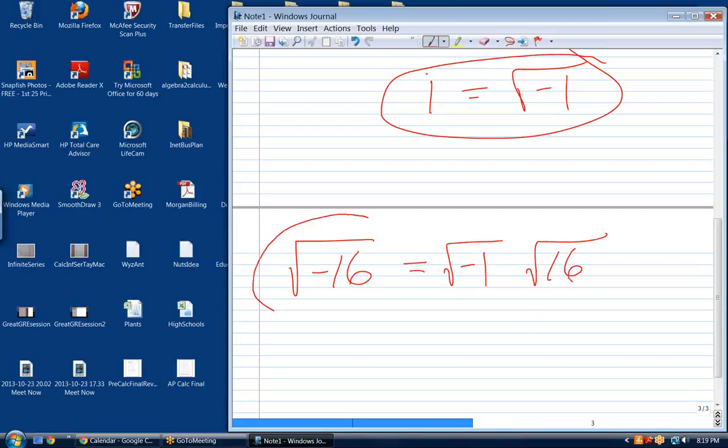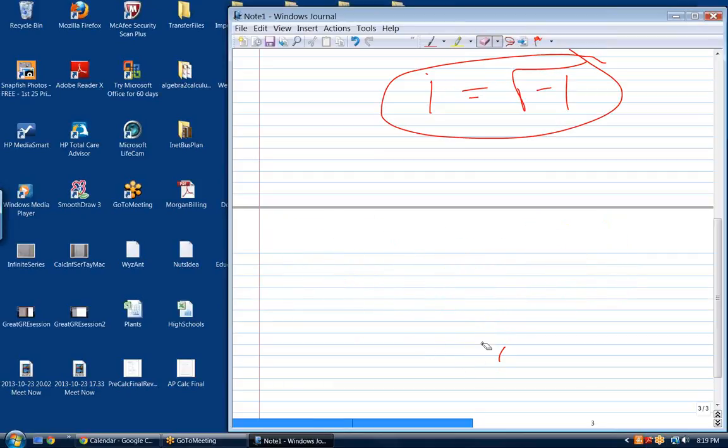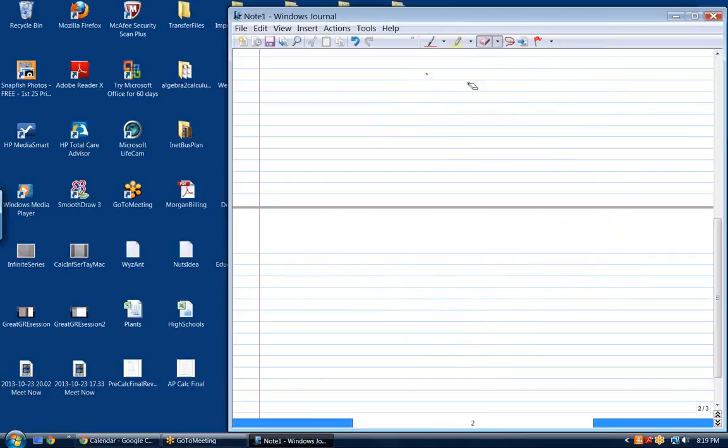In other words, breaking it up into these two things will always allow you to get the answer, 4i. And it's better to put this part in front. You don't want to write it i4. You want to write it 4i. You know how to do that. That's going to take you a long way.